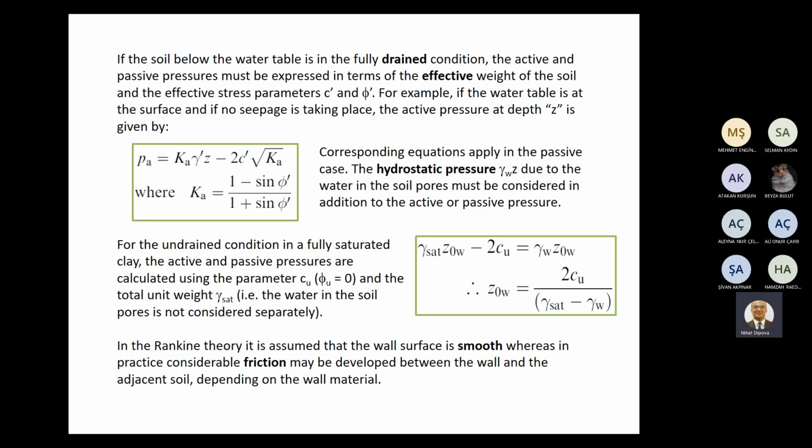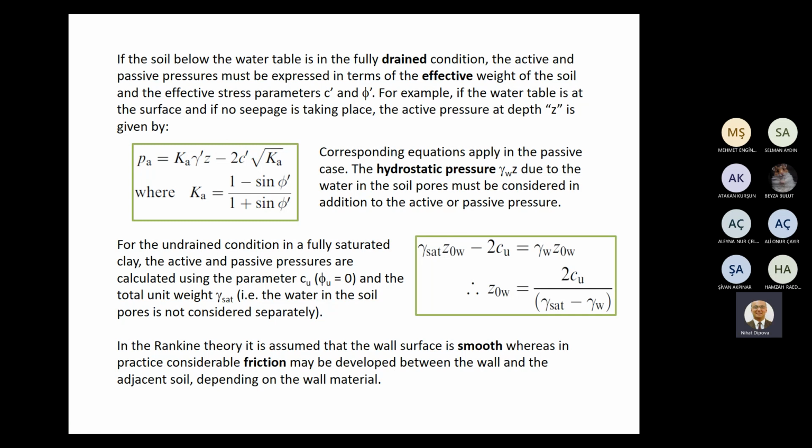If the soil below the water table is in the fully drained condition, the active and passive pressures must be expressed in terms of the effective weight of the soil and the effective stress parameters C prime, phi prime, effective cohesion and effective internal friction angle.